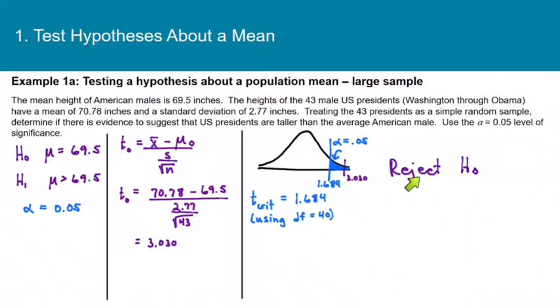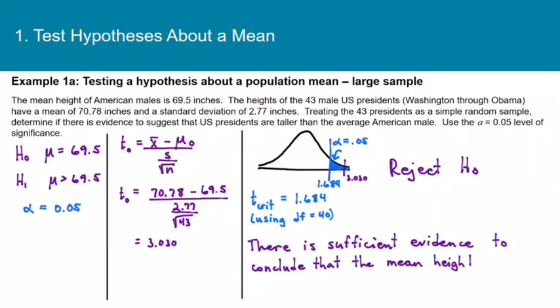And if we reject H0, remember that's because our sample provided evidence against H0. So now we're going to say that there is sufficient evidence to conclude that the mean height of U.S. presidents is greater than 69.5.